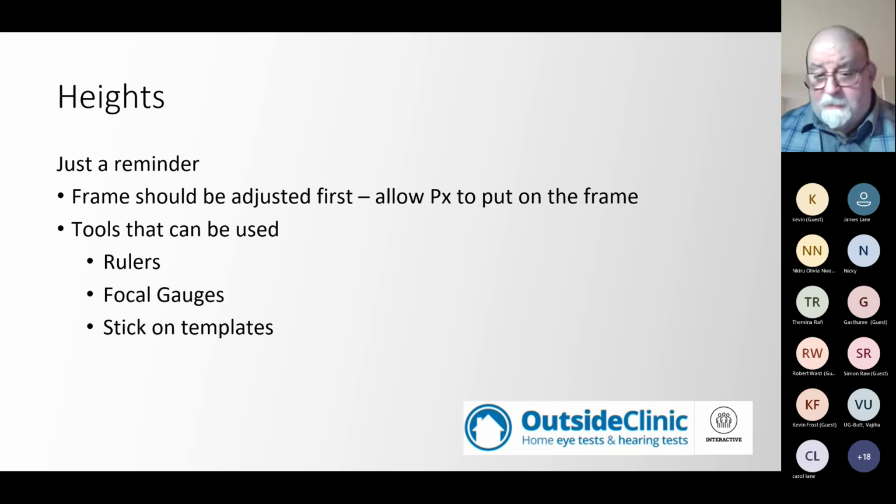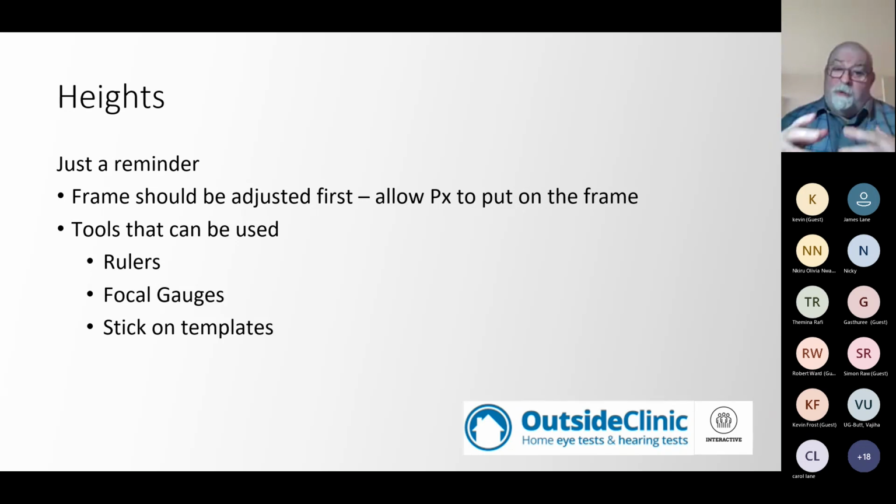Now, when I first started, we used rulers. And then I'd been working for the company for about 10 years, and they brought in the little spring-in focal gauges that clip into the top and bottom of the rim. And it's a ruler scale, and it meant I didn't have to put my ruler on. And then a couple of years ago, I discovered these little reusable stick-on templates from a company called Louis Stone.